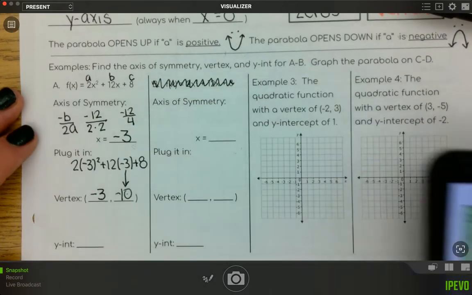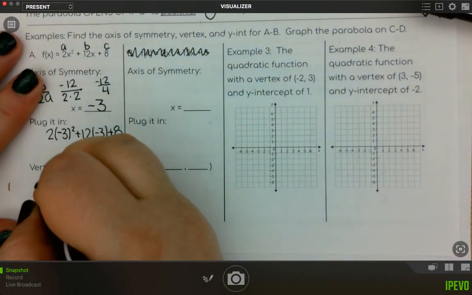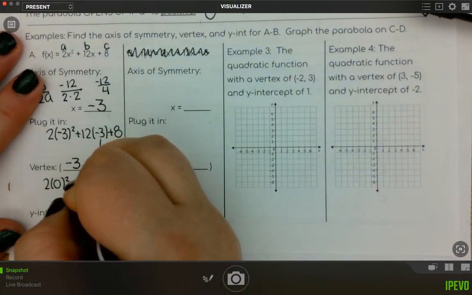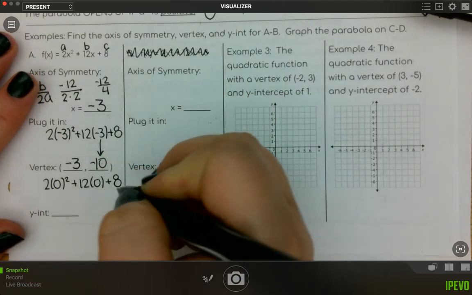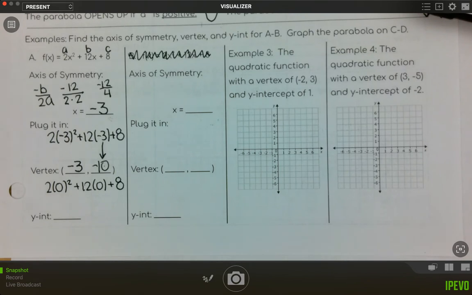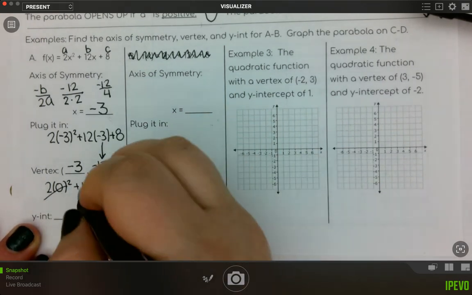Then for the y-intercept, that's where we plug in 0 for x. So we're going to do the same kind of thing we just did, except instead of negative 3, we always plug in 0 for the y-intercept. Now, something that you should notice is 0 squared is just 0. 12 times 0 is 0.